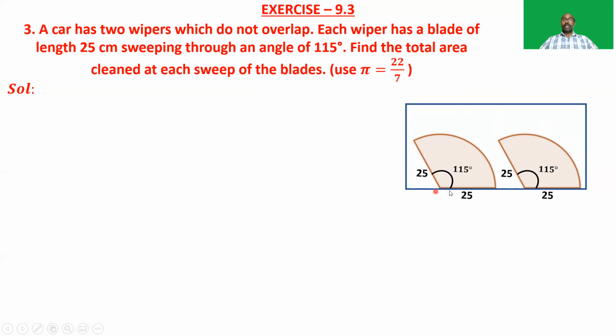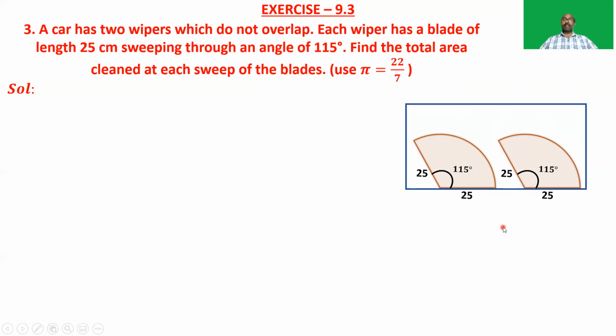So we can observe that these two are in the shape of sectors whose radius is 25 centimeters and sector angle is 115 degrees. Now the area swept by two blades is equal to sum of the areas of these two equal sectors.